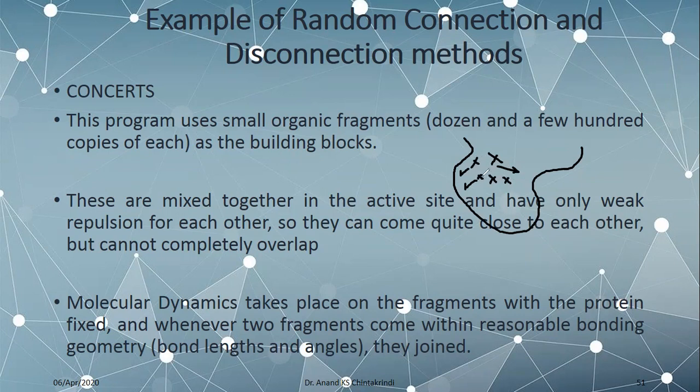So this will be an sp3 hybridized carbon, and this is hydrogen. So CH bond somewhere around 1.53, and the angle should be 120. So these three atoms are joined.